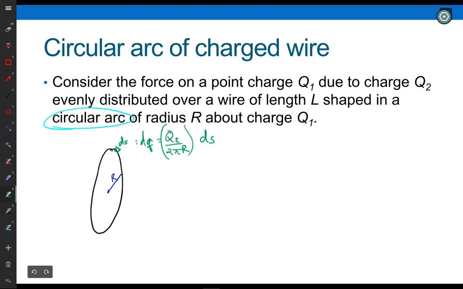So I've determined what my dq is. And notice that there is a colon between the ds and the dq, not an equal sign, otherwise you'd have nonsense, mathematical gibberish. So I've determined what the dq is. The next step is, where am I going to find the force?